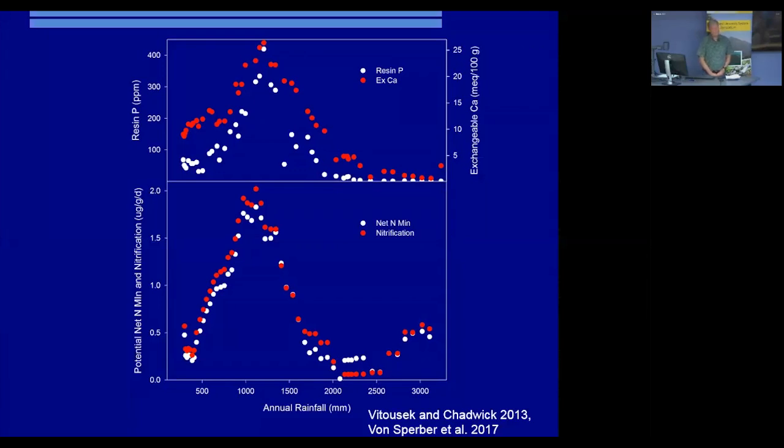The interesting thing about this is it can't be for the same reason. Nitrogen has a different source, comes from the atmosphere versus from the breakdown of rock, and its residence time in ecosystems is much, much shorter than that of phosphorus. It's the same pattern. Controls have to be related in some way, but they can't be the same controls, and yet it is the same pattern.